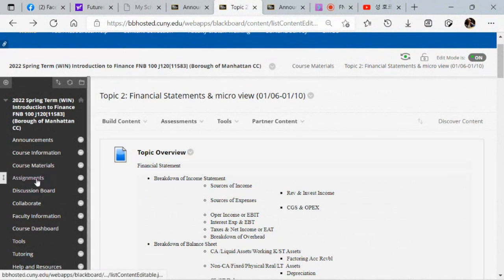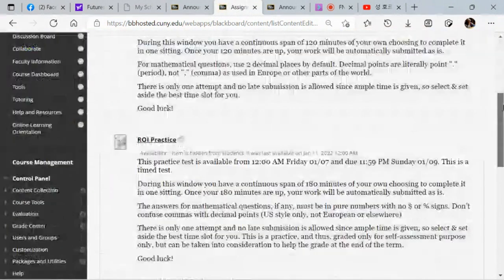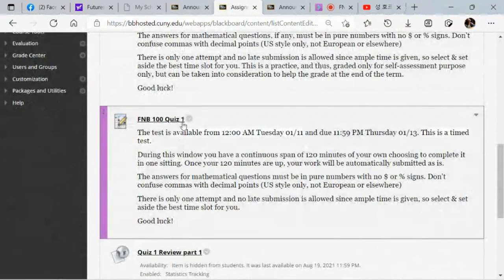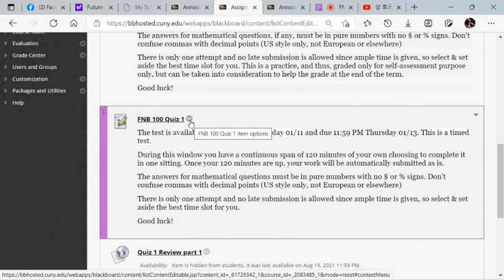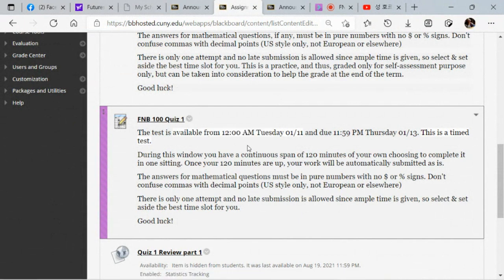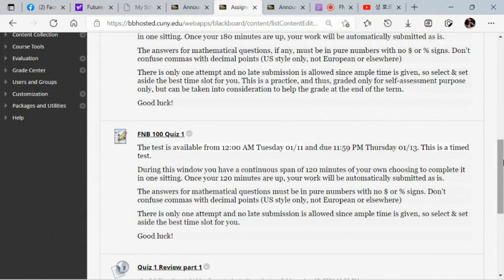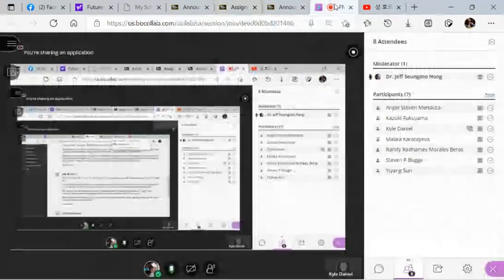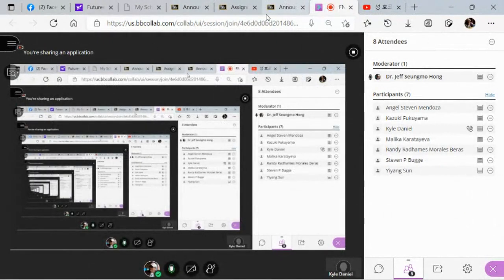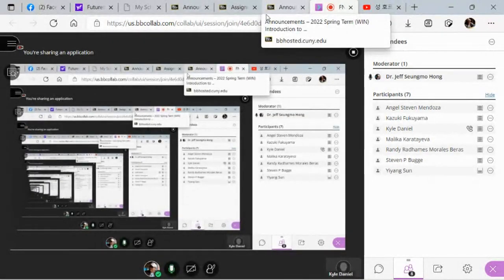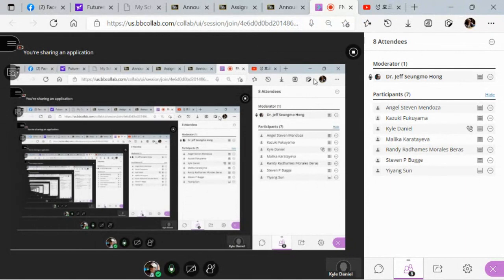It's possible because in the assignments folder, this was already available from the 10th. That student did relatively well. But it's due this Thursday.